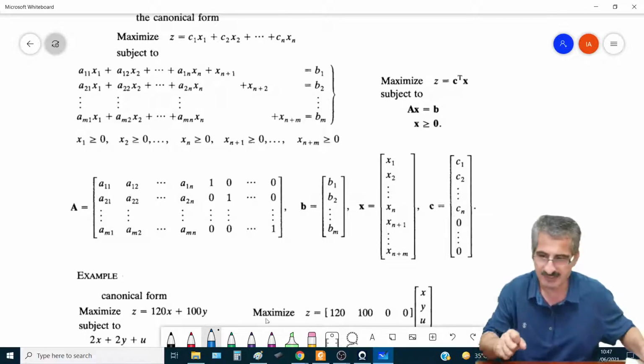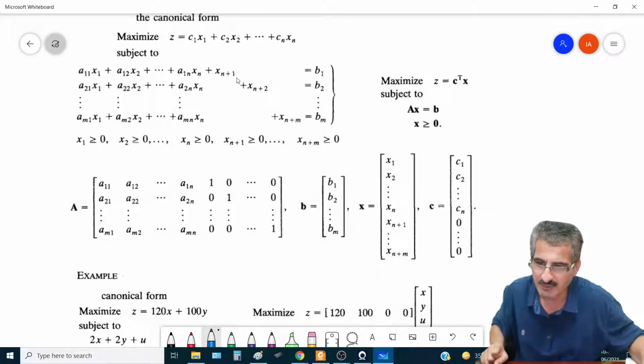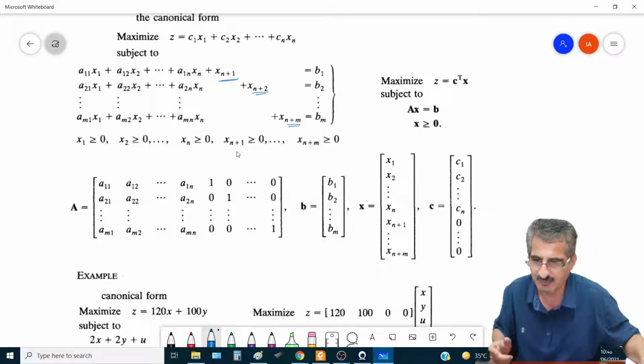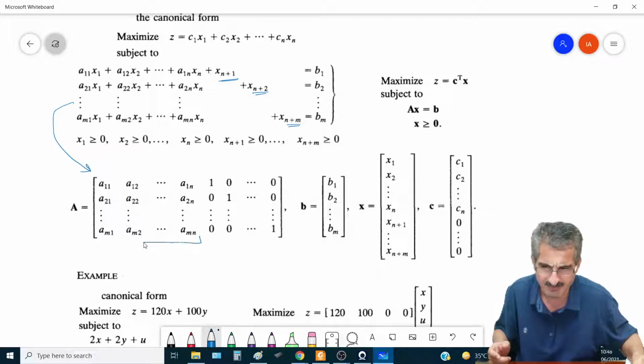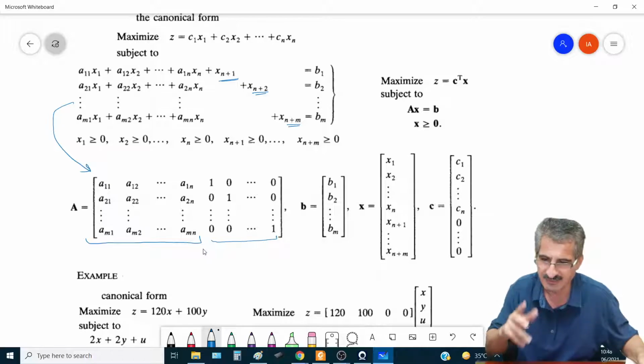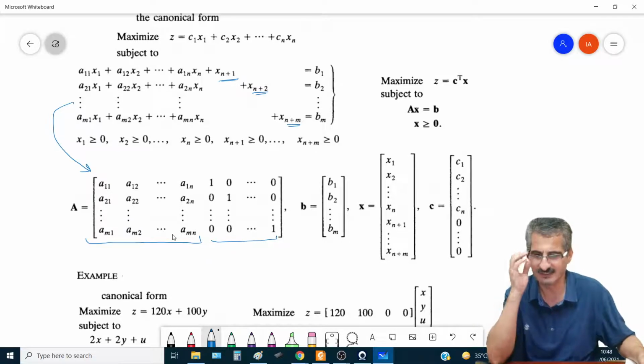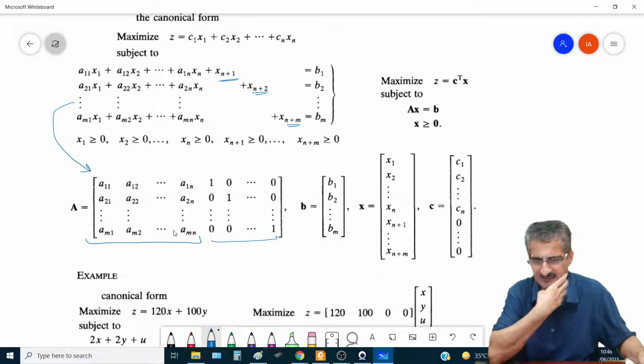So this is the canonical form, adding this new variable, a new variable, a new variable. And when you now take the matrix, it is the very same part in here as the standard form, but the identity matrix part looks like an identity in here, right? Identity matrix. Yes.